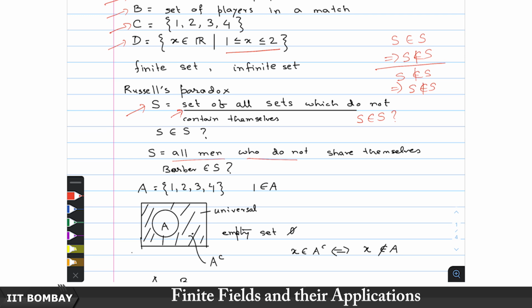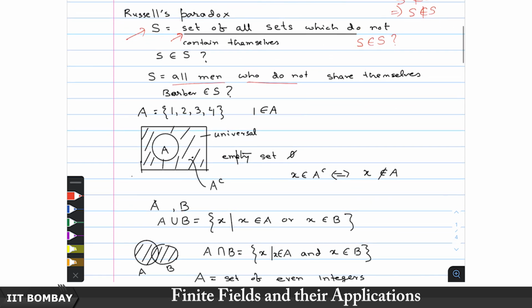Okay. Now we will see some operations on sets. First of all, if there is a set A, in any context usually there is a universal set, which means the set of all elements which are relevant in that context.